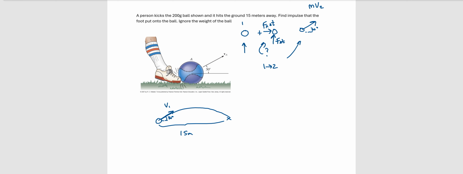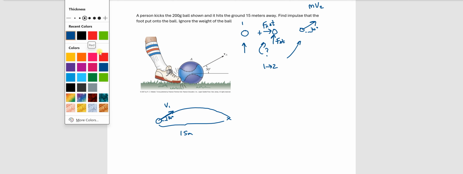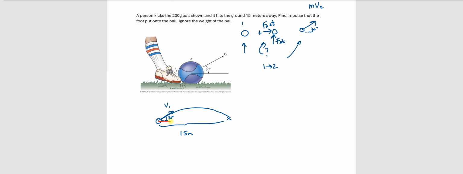So this is a projectile problem, so we'll start by breaking the velocity vector down into horizontal and vertical components: v1 cosine 30 degrees and v1 sine 30 degrees.